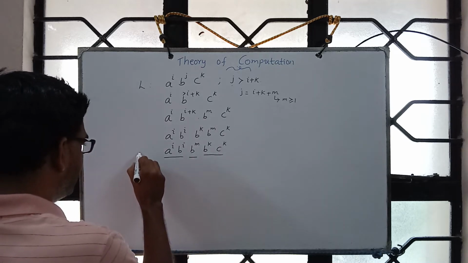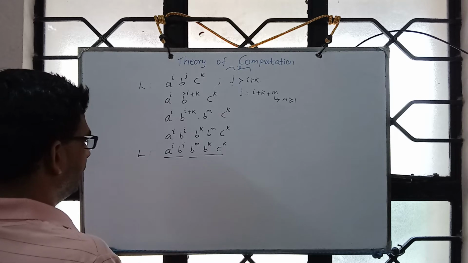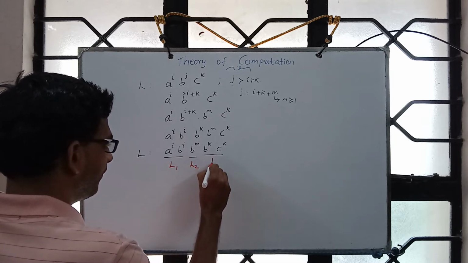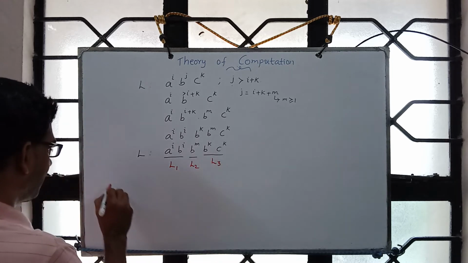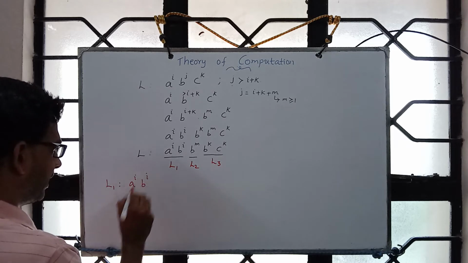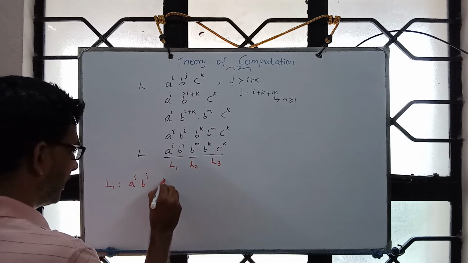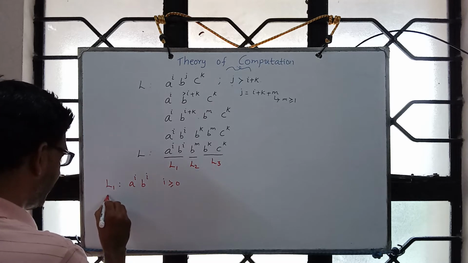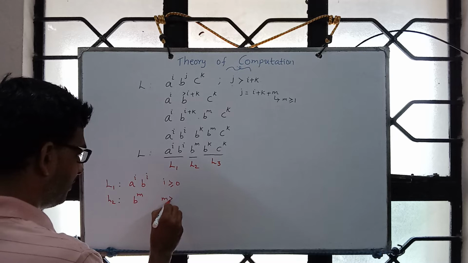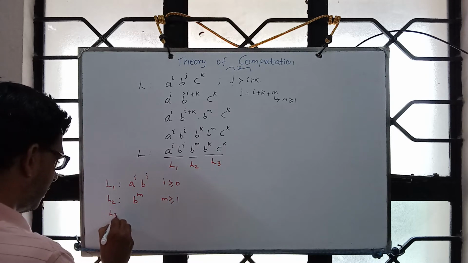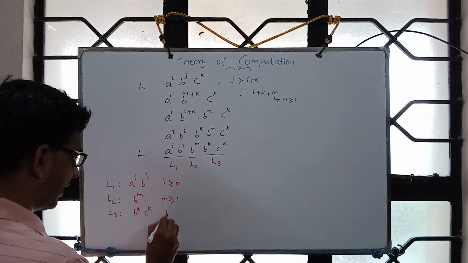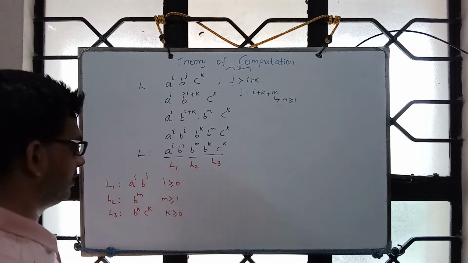So meaning this L, you can see it as L1, L2, L3. L1 is a^i b^i, let's assume i is greater than or equal to 0. L2 is b^m, m is at least 1. And L3 is b^k c^k, k is at least 0.